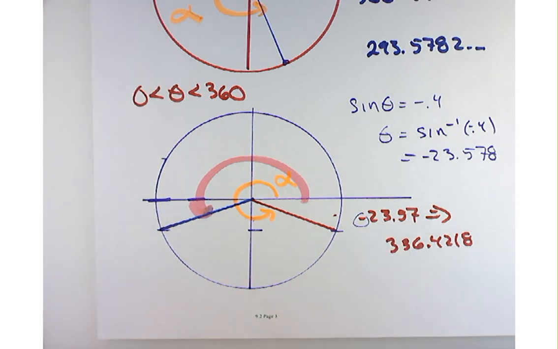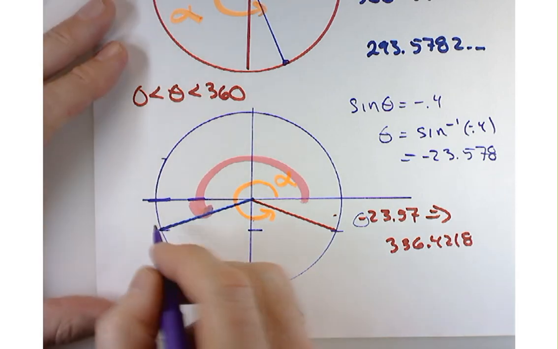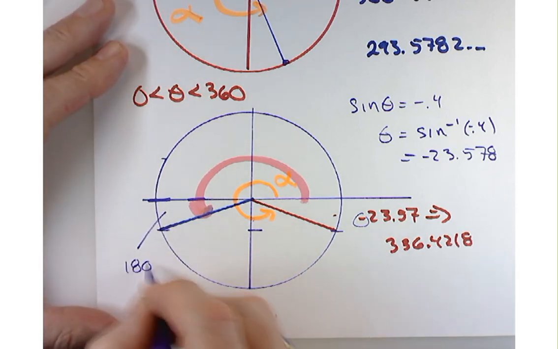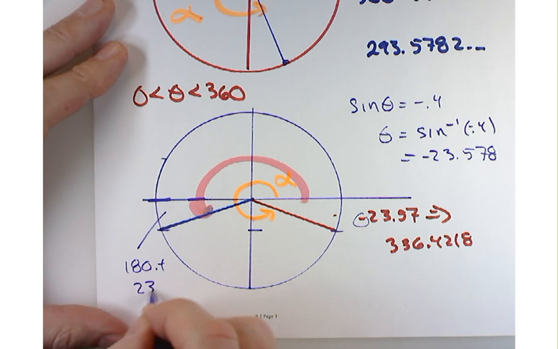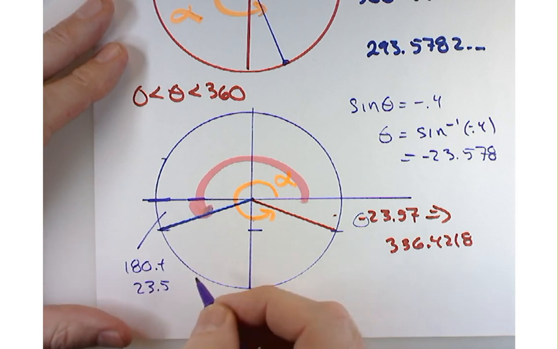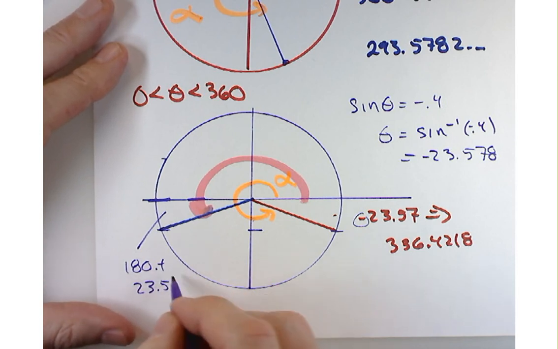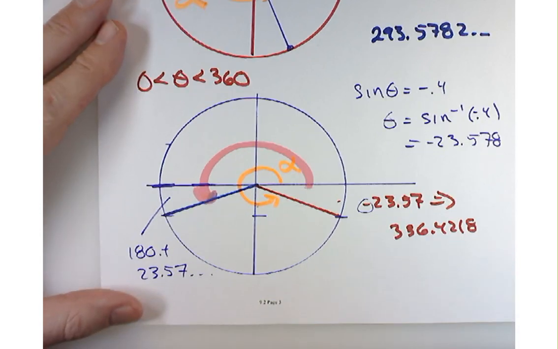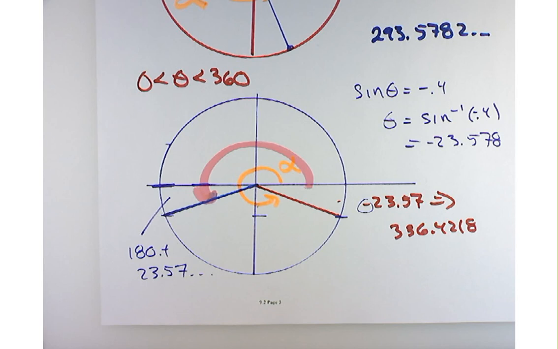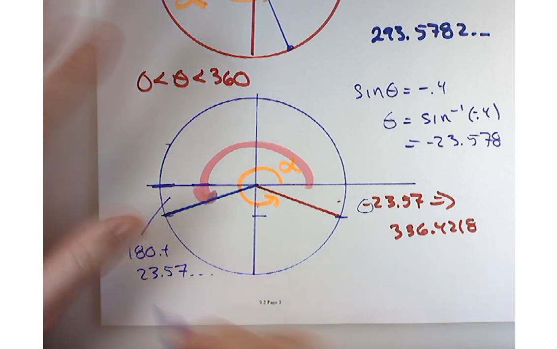So I can do 180 plus 23.5782, et cetera, or whatever it was, 57, dot, dot, dot. And that's going to give you your second one. 203.5782, et cetera.